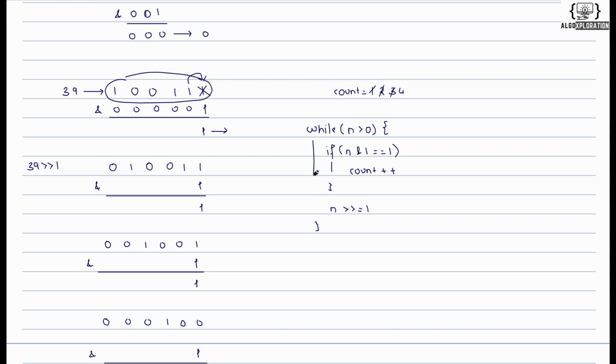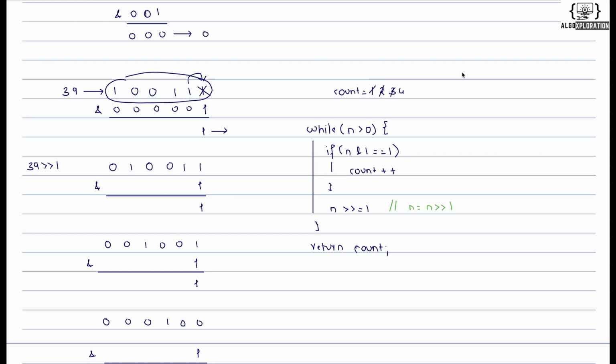That's it. You can replace this line by n equals n right shift 1 as well. And at last you have to return count. So you will be having the number of set bits in this value, which is 4 now.